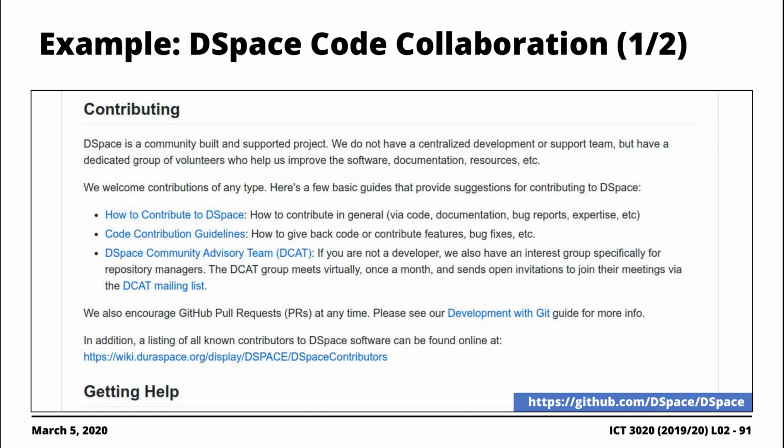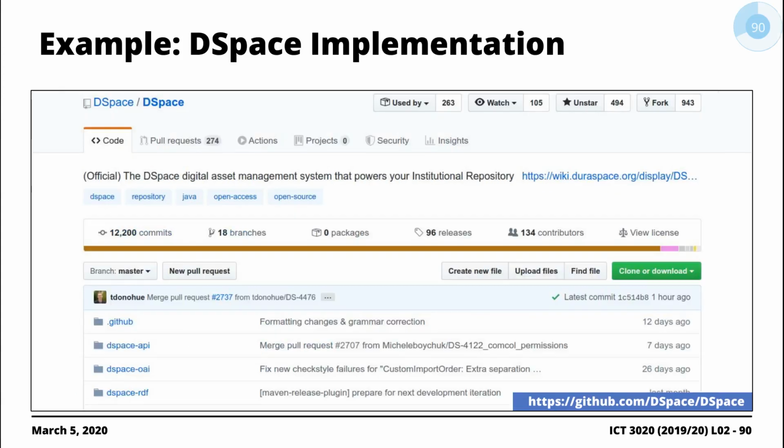So these will range from specific guidelines associated with the style, right? How do you name variables? How do you structure the code? Do you use things like tabs as opposed to spaces, for instance? Those are all important things to take into account when you're working as part of a large team.